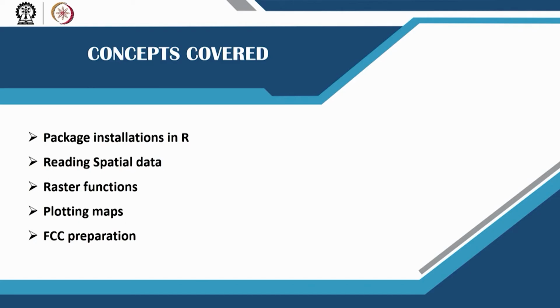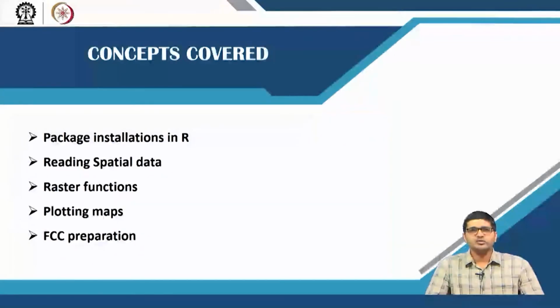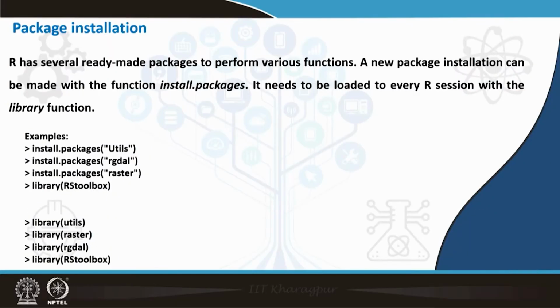So in the previous session we have seen how to import Excel files and how to subset the data, and in this session we are going to see how to install different packages. Packages can be installed using a command called install.packages.